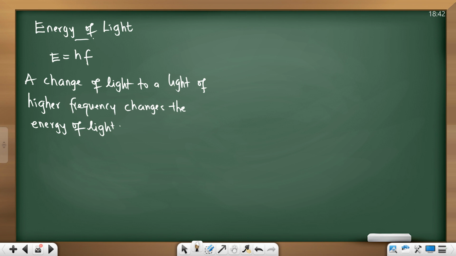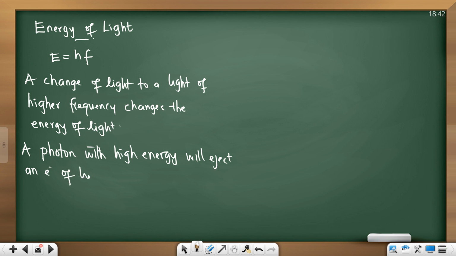And what happens here? A change in energy, or a higher photon, I'm going to say, a photon rather, with high energy will eject an electron of higher what? Kinetic energy. By the time we finish, you'll be able to connect all the dots. But the number of what?